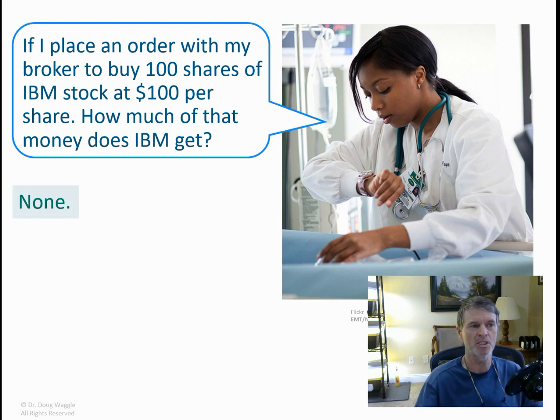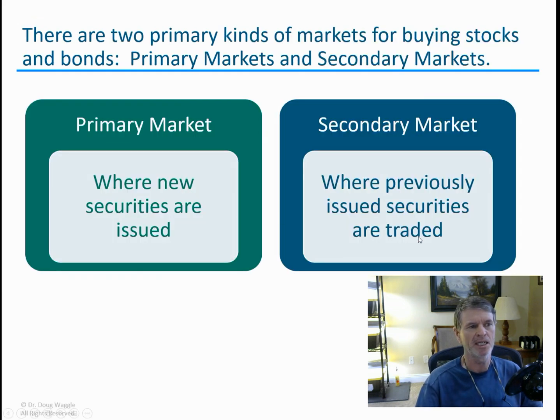Once the stock's originally issued in what is known as the primary market, that's where the company gets the money. The secondary market is where, when you buy and sell through your brokerage account, you're dealing in previously issued securities, and the company is no longer involved in that process.